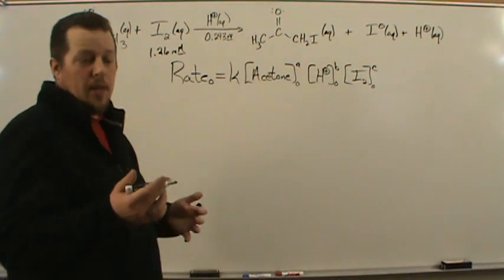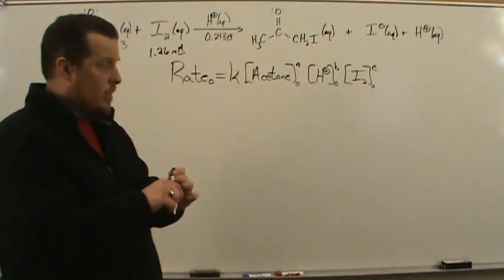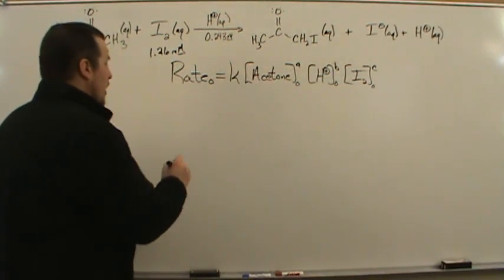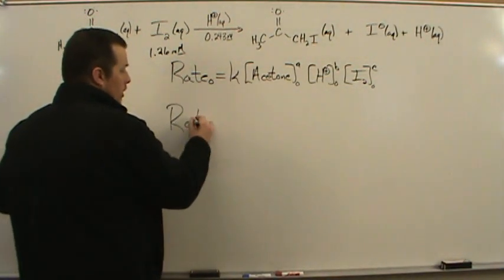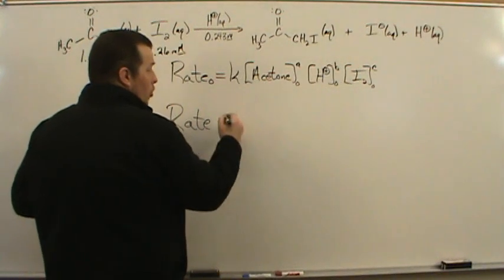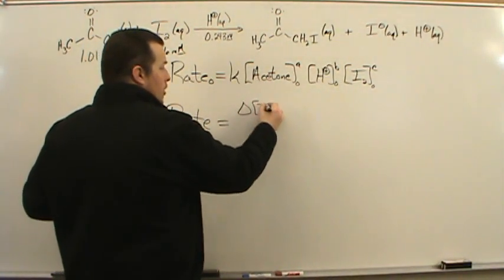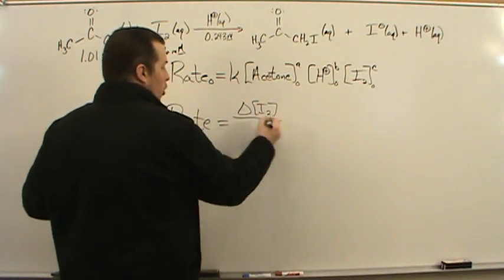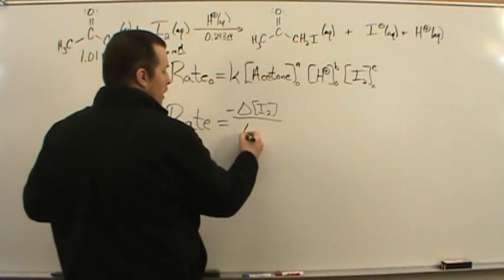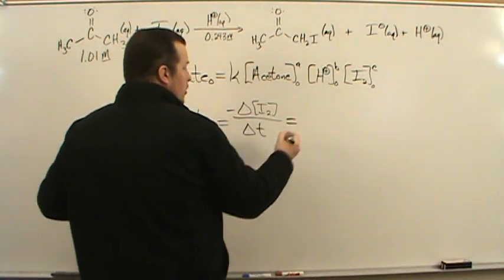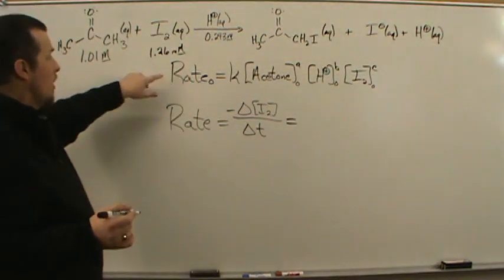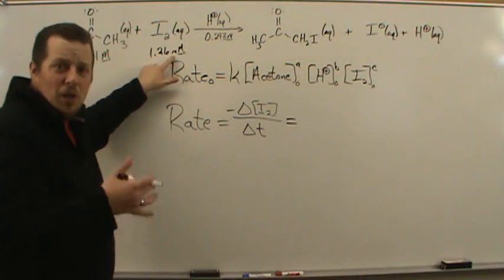Well, what about that rate? If that first run took somewhere in the neighborhood of 4 minutes, remember, rate is equal to, for this experiment, negative change in the concentration of iodine over change in time. So for this experiment, we can do it in millimolar, we can do it in molar per minute.